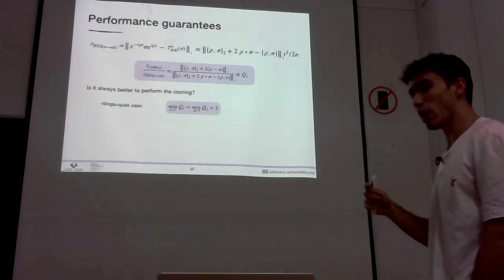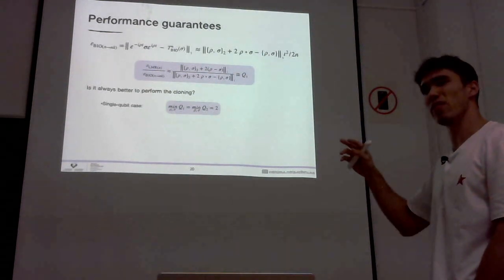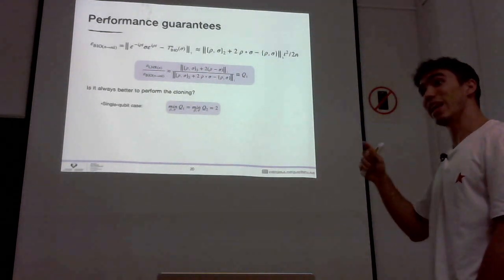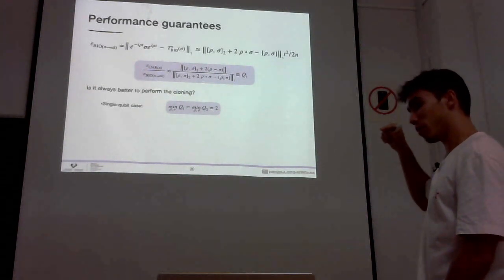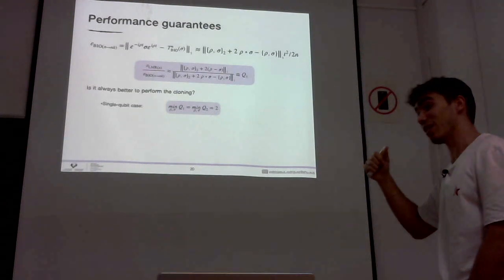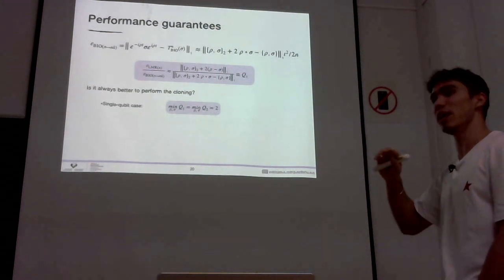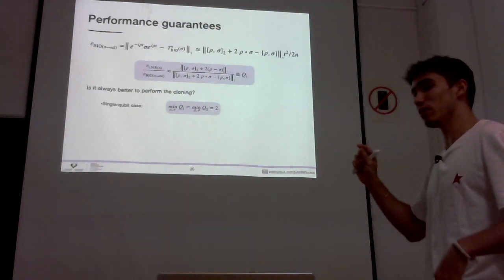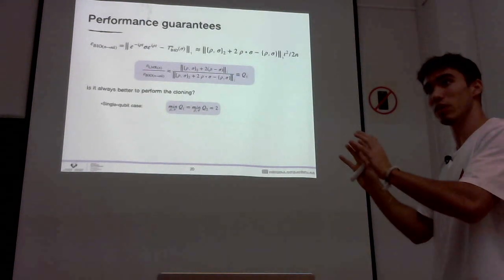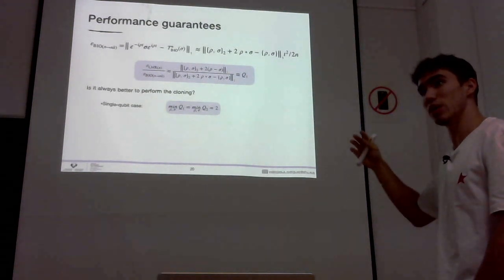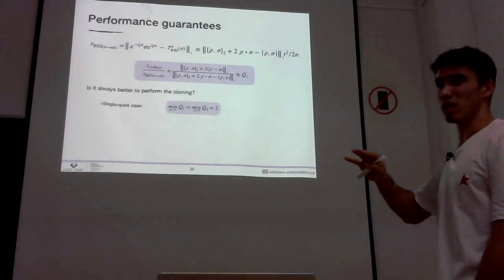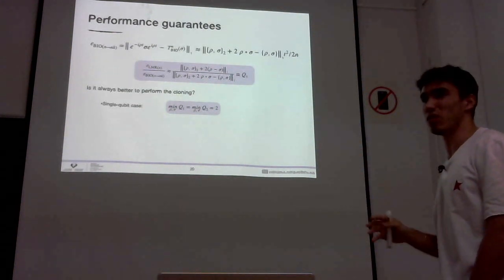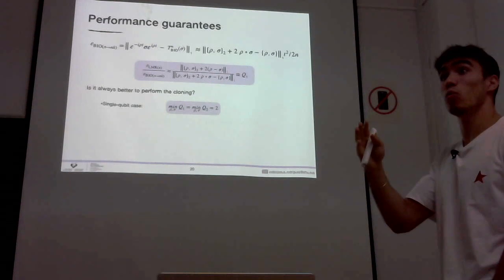So you can clone a single qubit with fidelity 5/6, but the scaling with the number of copies and with the size of the system is very bad. This 5/6 is for a single qubit, but if you want more copies, I think the scaling is exponential. It also decreases with the size of the system.